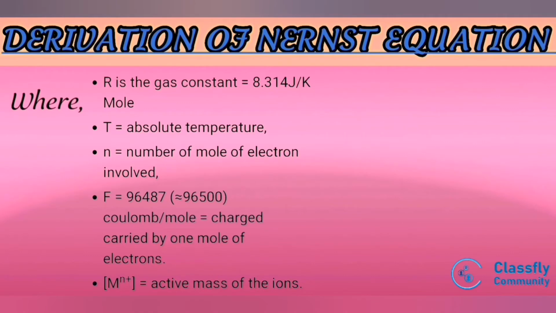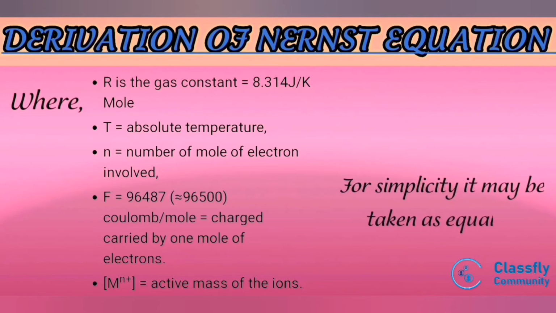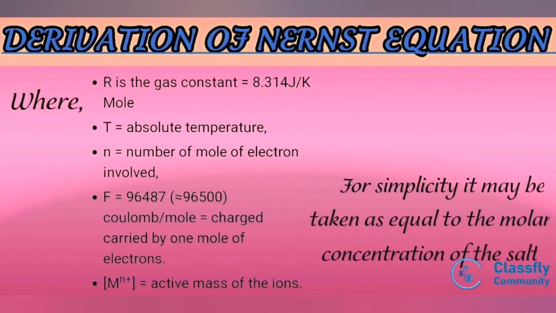T is absolute temperature. N is the number of moles of electrons involved. F is the Faraday constant, that is 96487, nearly equal to 96500 coulomb per mole, which is equal to the charge carried by 1 mole of electrons. Mn+ is the active mass of the ion.